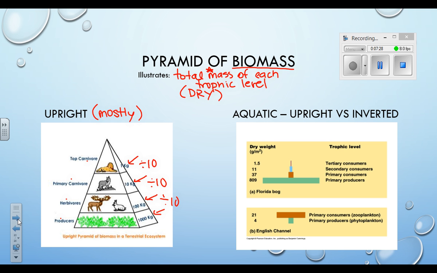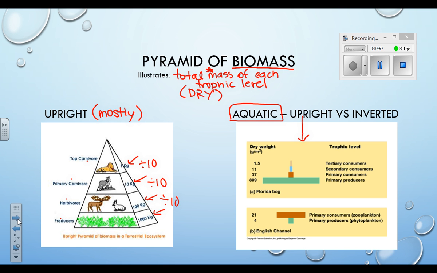Now I would say for the most part, terrestrial ecosystems would have upright pyramids of biomass. But there's a really good example of an aquatic ecosystem where the pyramid of biomass would be inverted. The first one shows you an upright pyramid. This would be an example taken from a Florida bog, where you have producers, then consumers, secondary consumers, tertiary consumers.